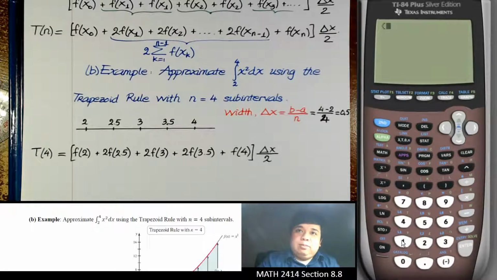List 1: 2, 2.5, 3, 3.5, and 4. 1, 2, 3, 4, 5. Store that into list 1. List 2, I will store the coefficients 1, 2, 2, 2, and 1. Store that into list 2.